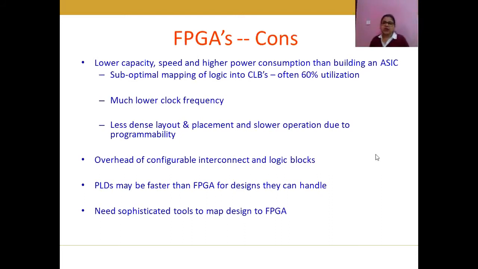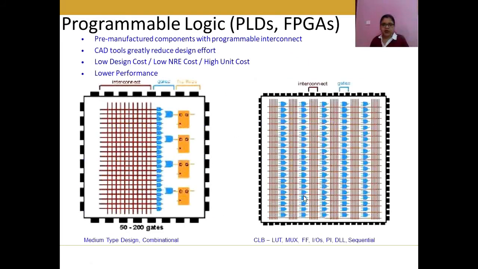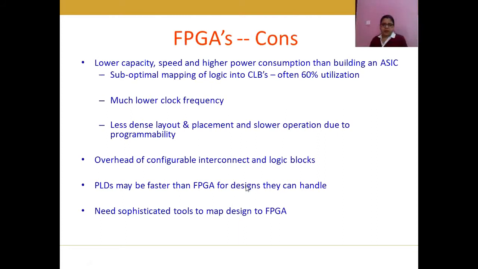It is merely 60 to 70% that gets utilized. It works on lower clock frequencies, and PLDs may be faster than FPGAs for the designs they can handle. Meaning if you are programming the FPGA for many features or functions, then it can have a slower speed in comparison to PLDs.